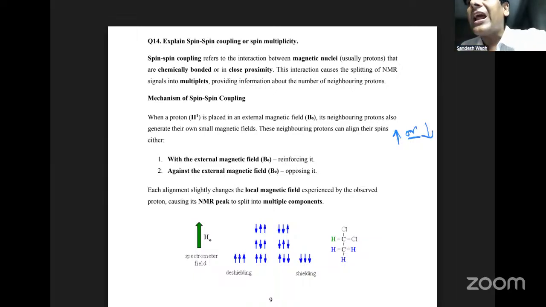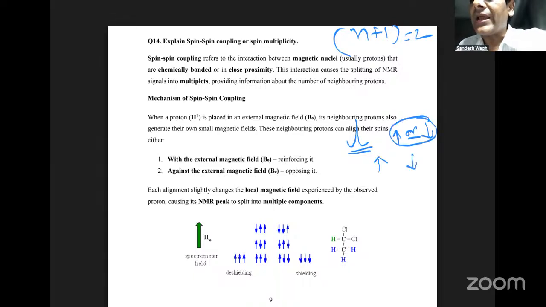Now this is for a singlet, single line. Now, suppose we have one proton nearby, n plus 1, one proton means two lines. Two lines means that one proton can have the maximum possibility this way or this way. Now, this is the single proton. So you can just write only one.